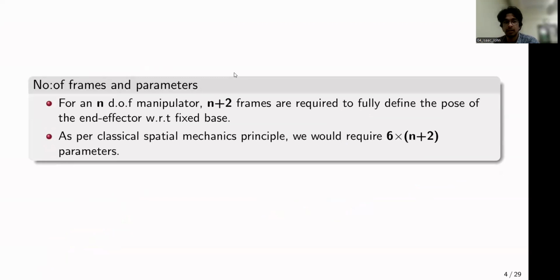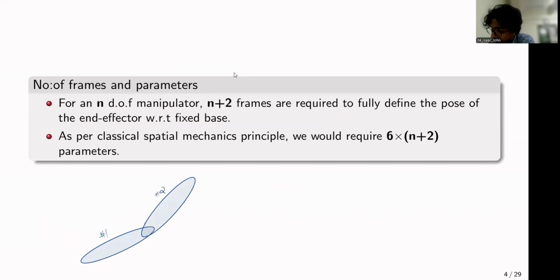All right. So let's check a few more points as a prerequisite. For an n degrees of freedom manipulator, n plus 2 frames are required to fully define the pose of the end effector with respect to the base. So let me replicate the previous example. For a two-link manipulator like this one, I'll stick with the convention of calling this link one and this link two.